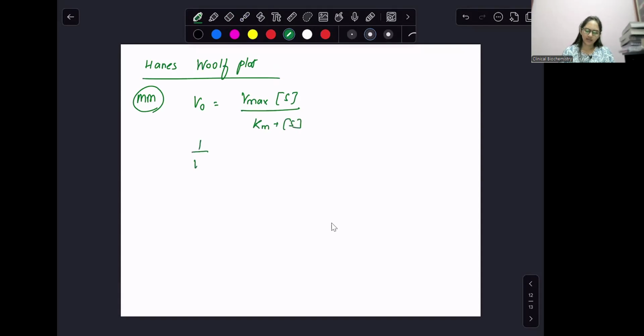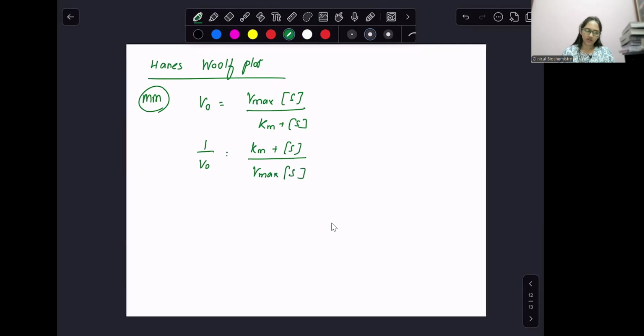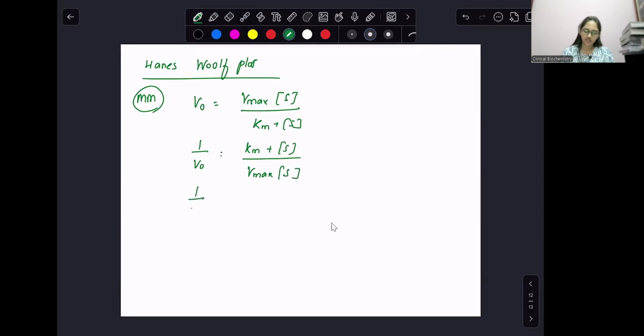Now I will take the reciprocal of this. So Km plus substrate concentration divided by Vmax into substrate concentration. Now what will I do? I will just rearrange this. So Km by Vmax into substrate concentration plus substrate concentration divided by Vmax into substrate concentration.